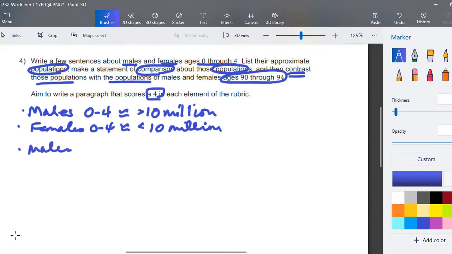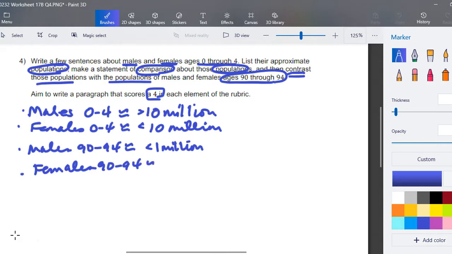And then let's look at the 90 to 94 year old people. The population for the guys is just under 1 million, and for the females, ages 90 to 94, it's a little over 1 million. So we're going to have to compare and contrast and write some thoughts about these coherently.